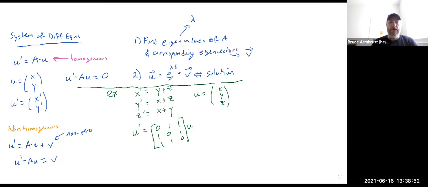And that led to eigenvalues. All right, so let's find the eigenvalues of this matrix. So we're going to do A minus lambda I. So it's going to be minus lambda, 1, 1; 1, minus lambda, 1; 1, 1, minus lambda. And now we need the determinant of that.